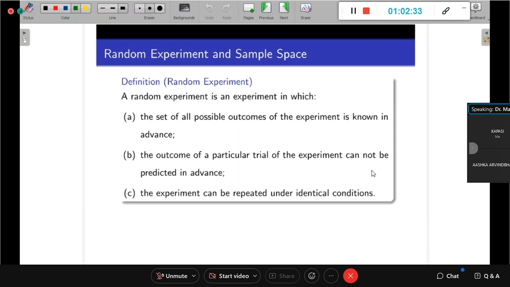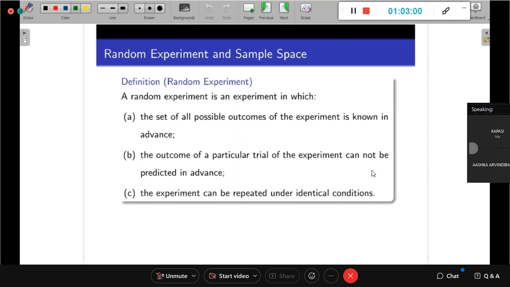Though you know there is a white ball, I have told you white, red and green, so there is a chance that I will get white or red or green, any one of them, but you are not sure about it. So this is an example of an indeterministic experiment.